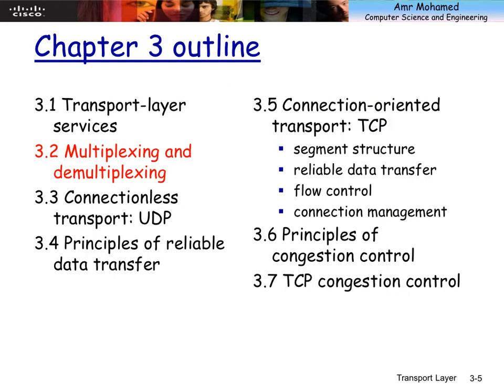So the most important service provided by the transport layer protocol, and this is provided by all transport layer protocols, TCP, UDP, RTP, whatever transport layer protocol you talk about, the minimum it has to provide is multiplexing and demultiplexing. So what does that mean?